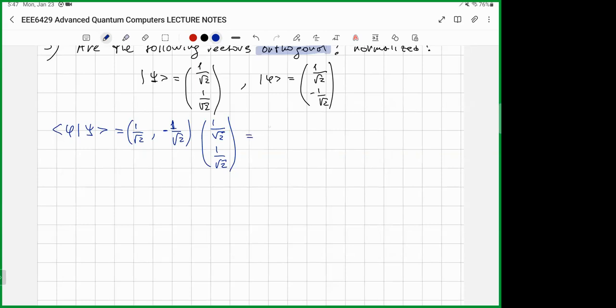So component by component: 1 over square root of 2 times 1 over square root of 2 gives you 1 over 2, and then minus 1 over square root of 2 times 1 over square root of 2 gives you minus 1 over 2, which is 0. So these vectors are orthogonal.